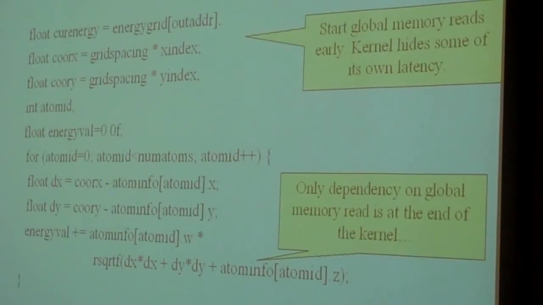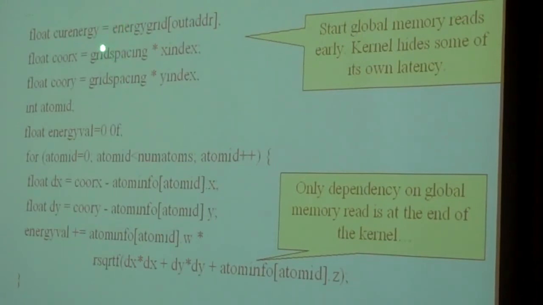When you have a pending memory transaction for your own thread, so long as you don't try to use it, your thread will keep running until the first time you reference it. So here we've set this register variable, current energy, to the value currently in the lattice. Then we do a big loop calculating all these potentials, and at the very end we write the current energy plus the new energy back to the lattice.